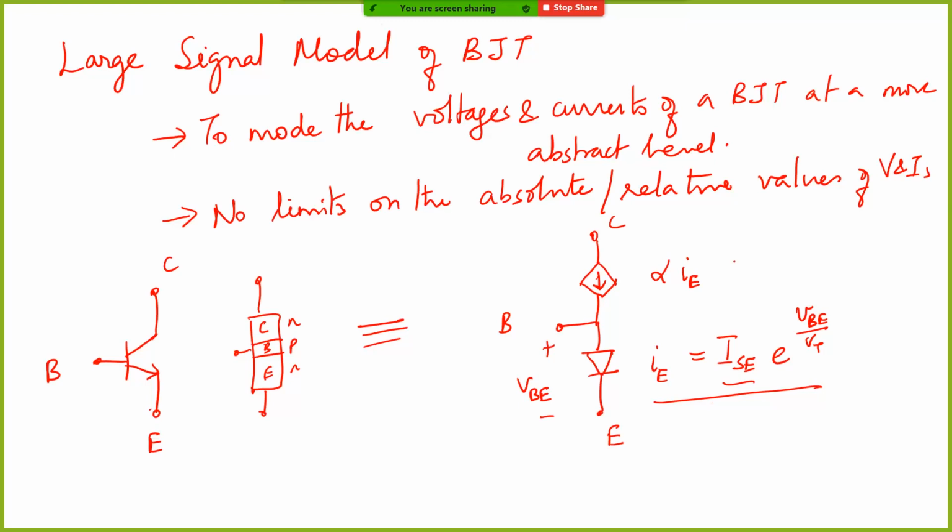Now, this alpha times IE is one way of writing. Another way of writing is, what is this collector current? Another way to write this is to say that the BJT can be written the same thing. I'm just writing different equations here.